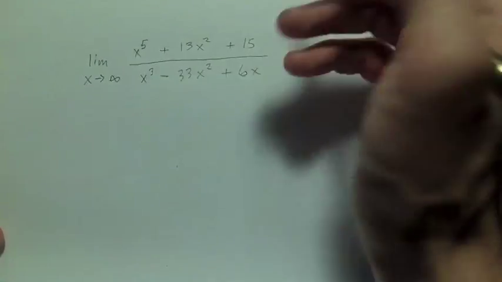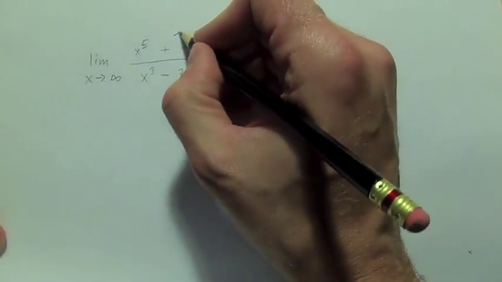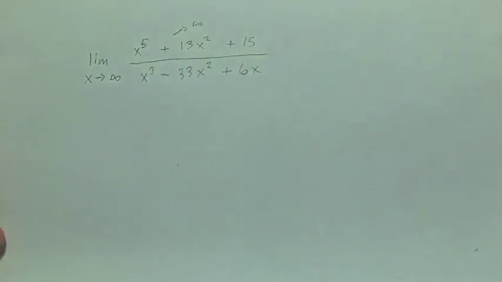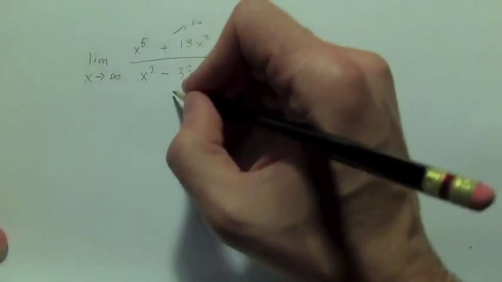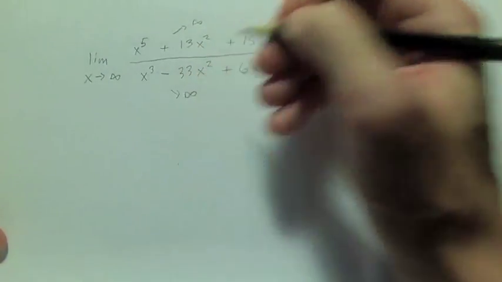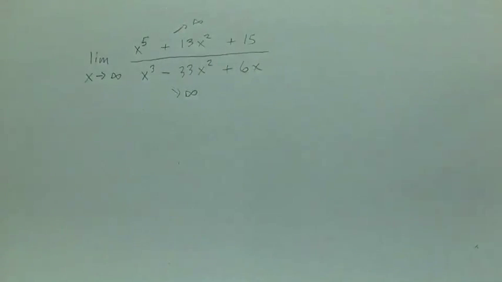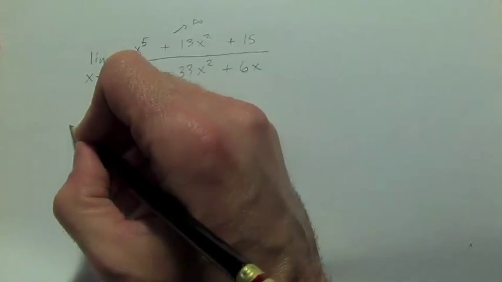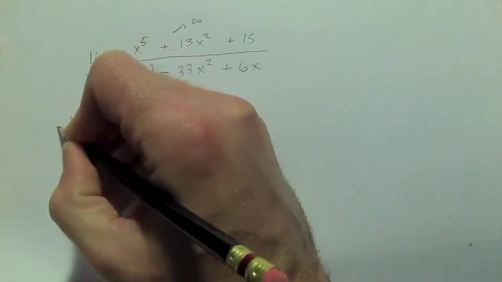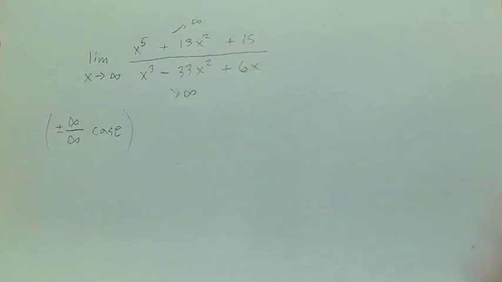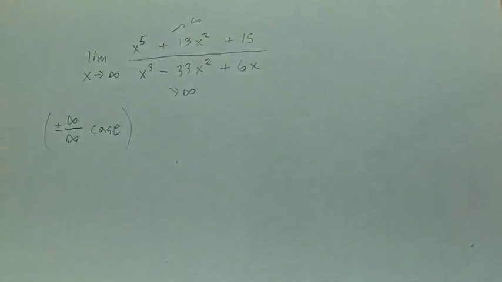So infinity plus infinity is definitely an infinity thing. But here in the denominator, x cubed is the greatest power of x, so we know that the denominator is also going to infinity. And this is an indeterminate form, the infinity over infinity case, and that can be plus or minus, it doesn't really matter which.